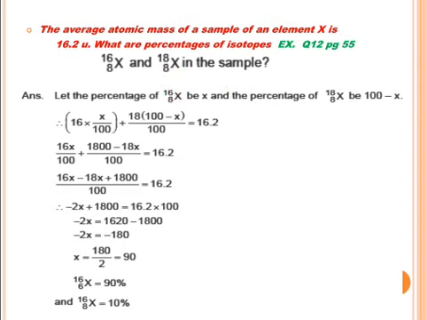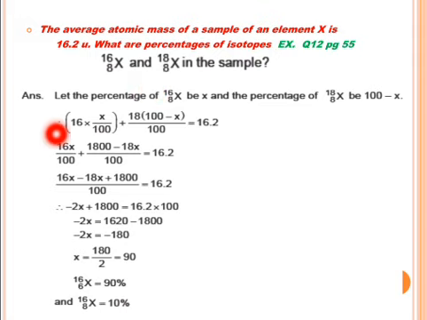Students, let us see what is given here. Here the average atomic mass of an element X is given, that is 16.2 U. But the percentages of isotopes of element X are not given. That we have to find out.